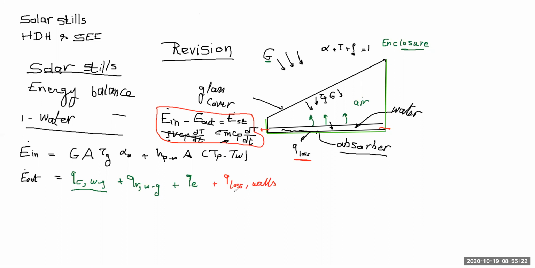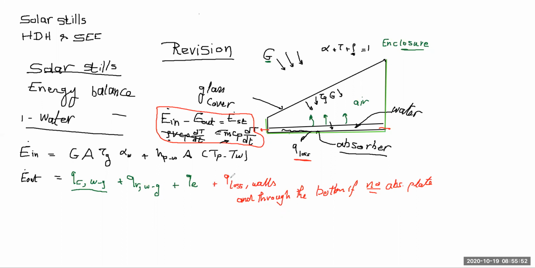So the Q loss through the walls, and it will also be through the bottom if we have no absorber plate. If we have an absorber plate, then you don't account for this.